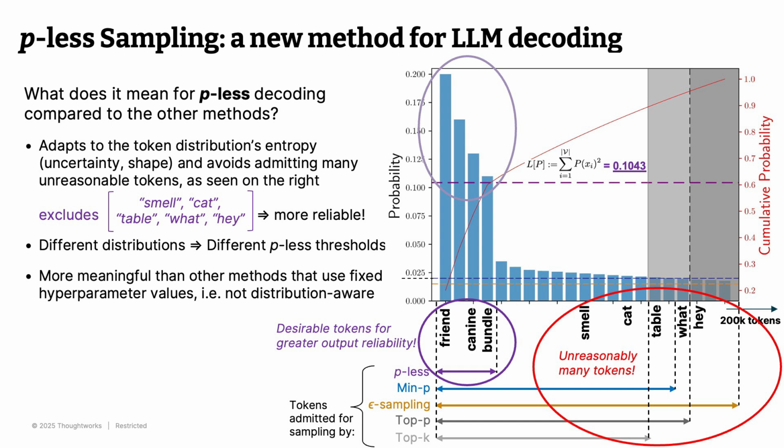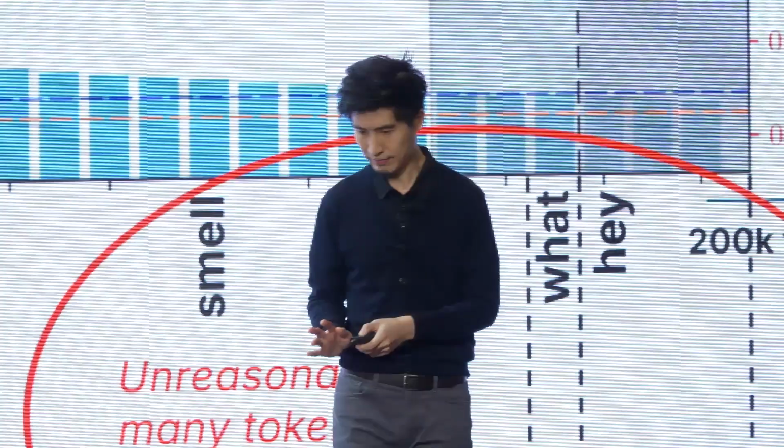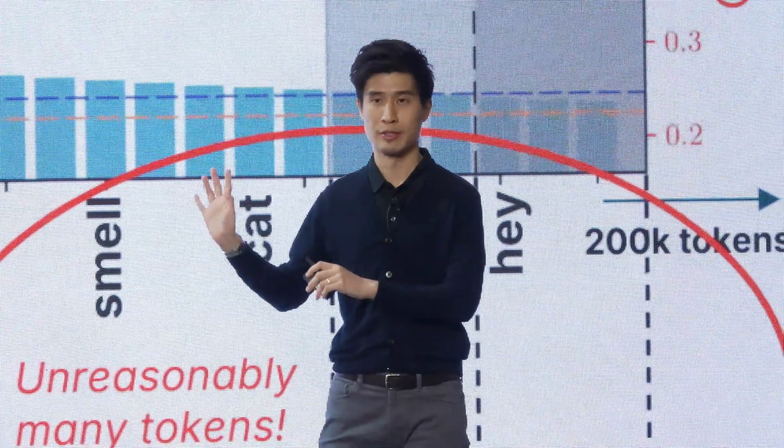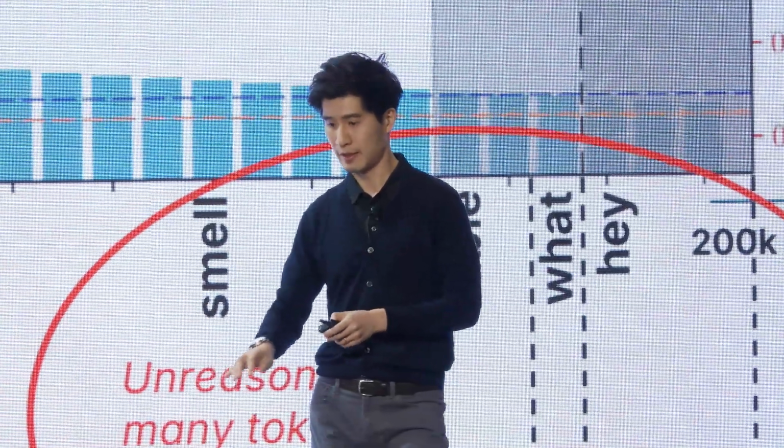It adapts to the distribution, rather than saying top P is 0.95 all the way, rather than saying top K is 15 all the way. And this is grounded in theory, not simply a heuristic for AI or ML practice, but is interpretable using probability theory, entropies, and statistical moments, which you can refer to our research paper if you're interested, which we will be showing at the end of this presentation on the last slide.